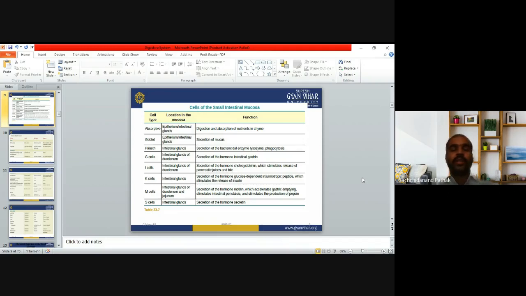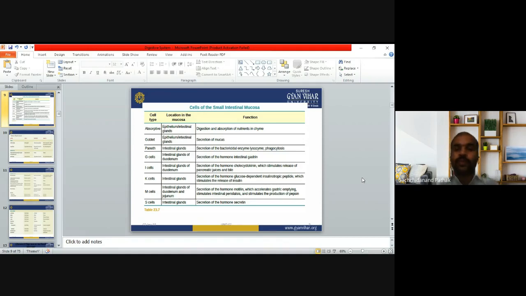Its function is the secretion of mucus. The Paneth cell, which we already discussed, helps remove bacteria. It is present in the intestinal glands and secretes the bactericidal enzyme lysozyme, and works in phagocytosis. Then the G cell, or gastrin cell, is in the intestinal glands of the duodenum.